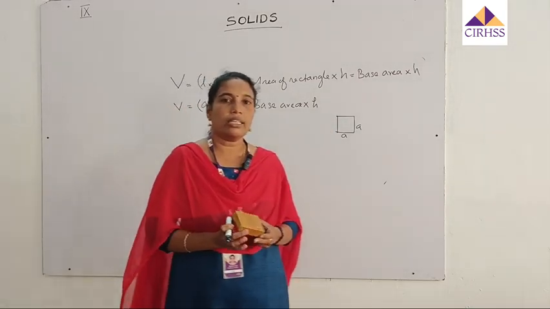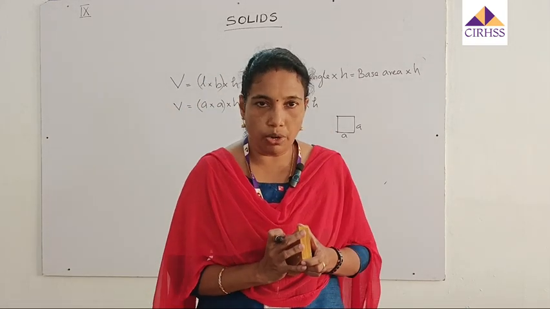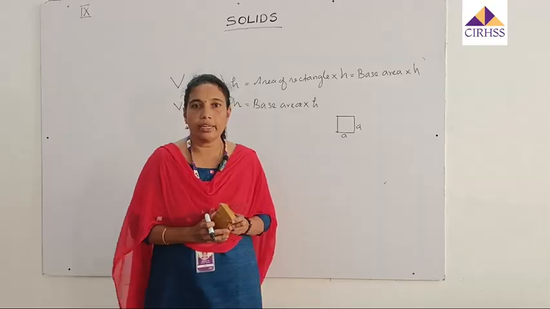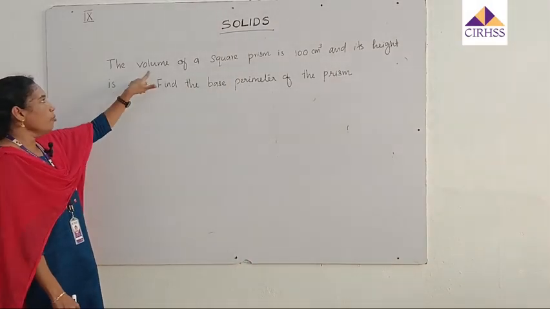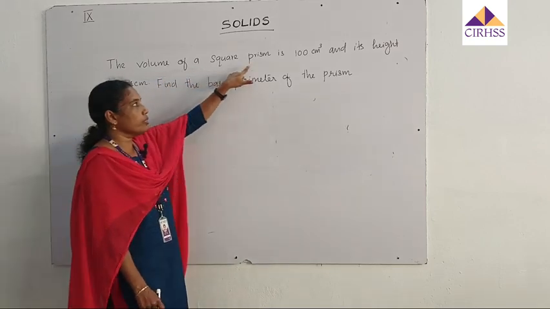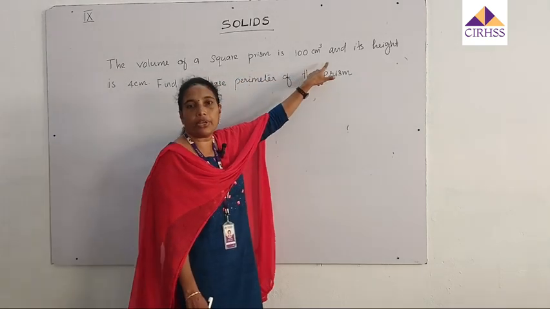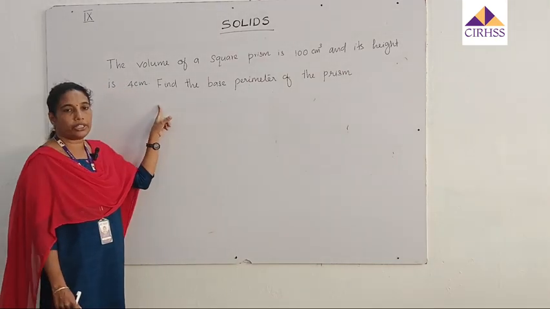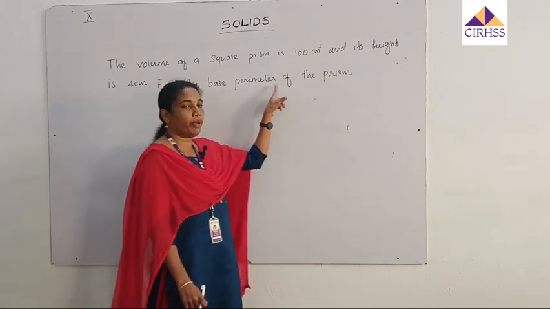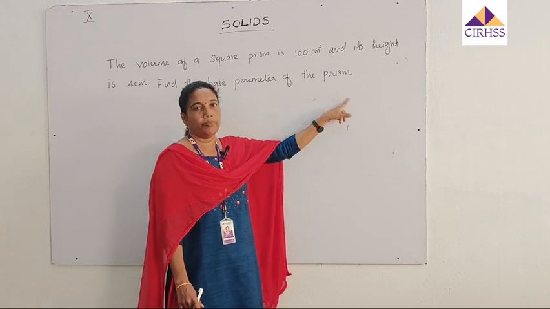Then next we will discuss some problems based on volume. Okay, are you ready? Let's consider another question. The volume of a square prism is 100 centimeter cube and its height is 4 centimeter. Find the base perimeter of the prism.